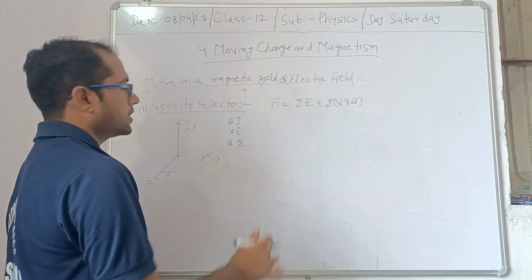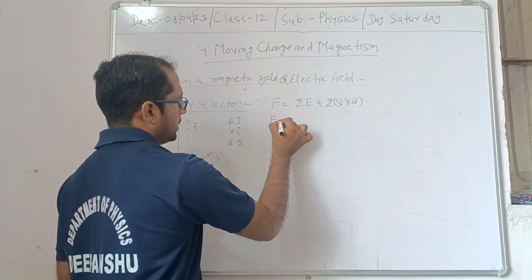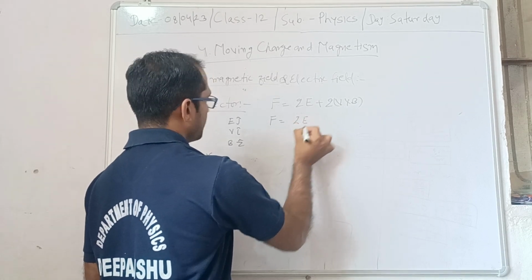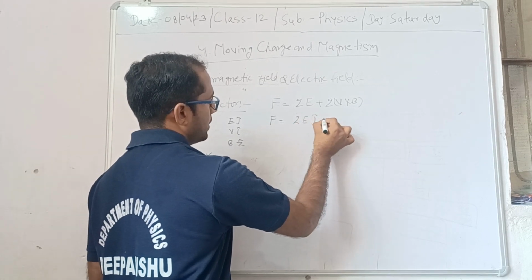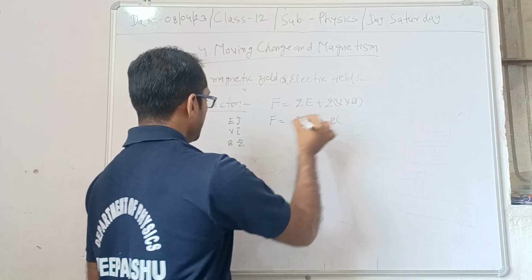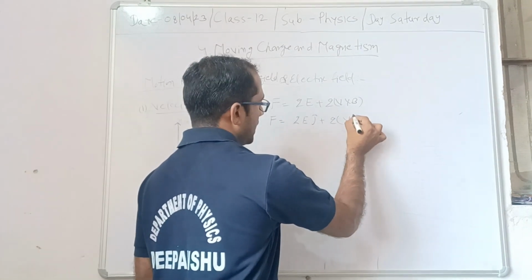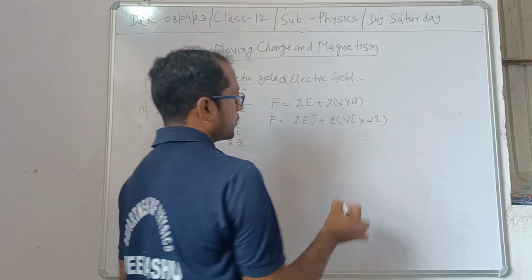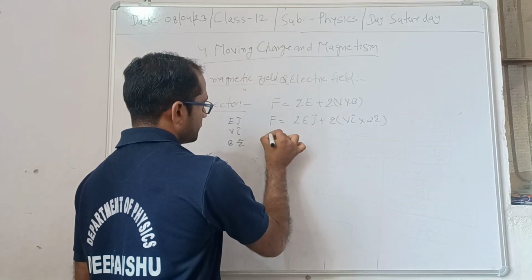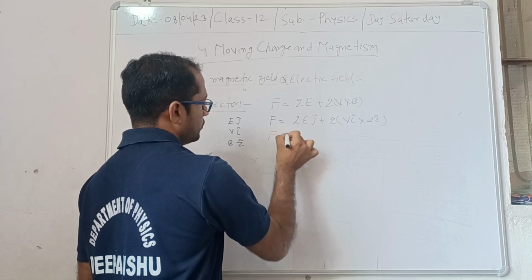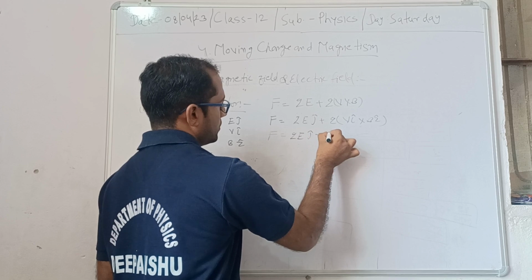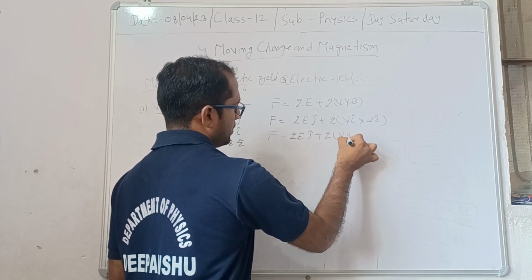We put the values in this formula and get F is equal to Q E j cap plus Q V i cap cross B z cap.